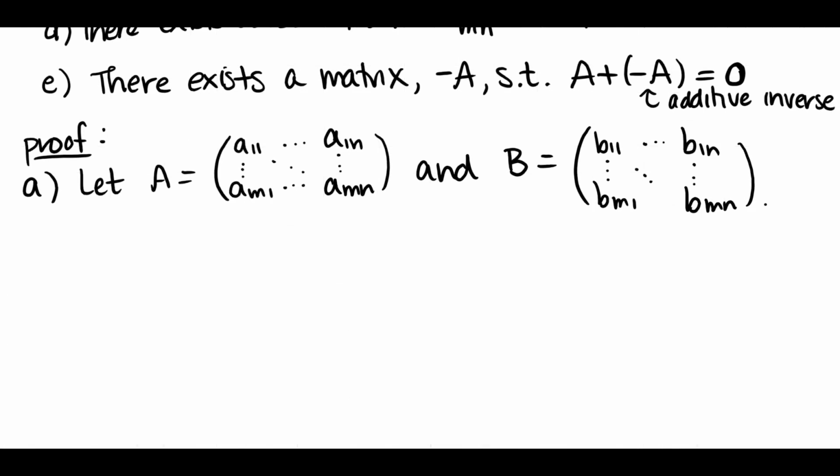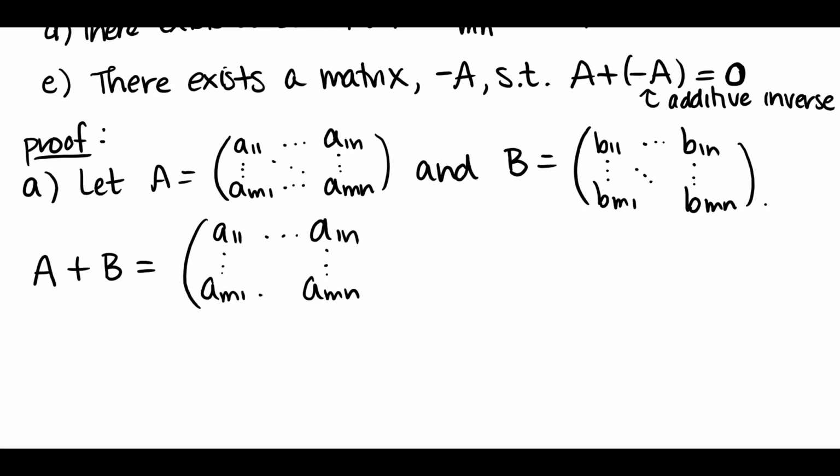Sometimes it does matter; in this case it's not going to. So let's take A plus B then. So we know that if we take A plus B, we'd have A11. This is going to get a little monotonous. That's why I'm not going to prove all of these for you. I wouldn't say boring, it's just a bit tedious.